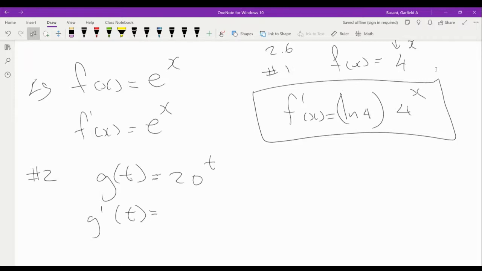Okay, that's what I thought it meant. All right, so I agree with this. This is not equal to e, right? So we have to use the rule from over here. So it's the ln of 20, and we keep 20 to the t power.